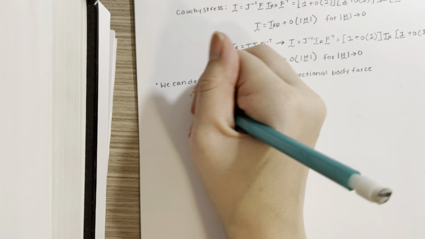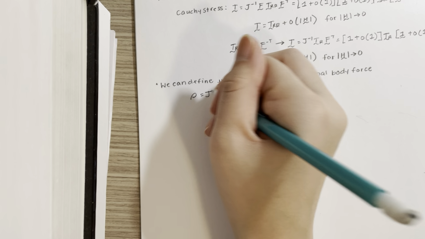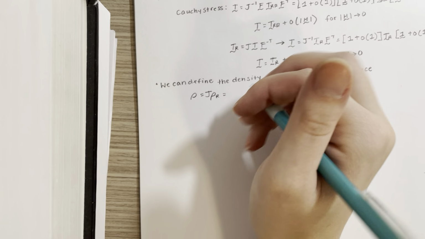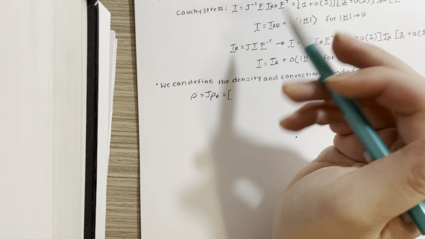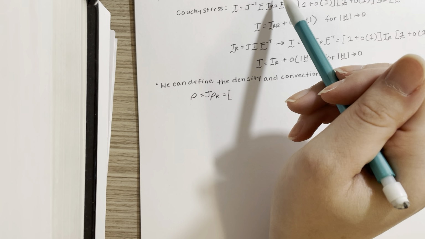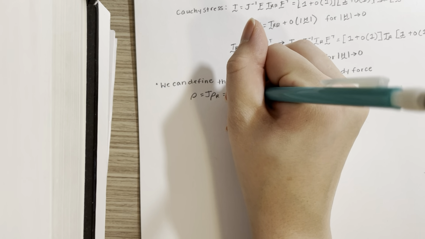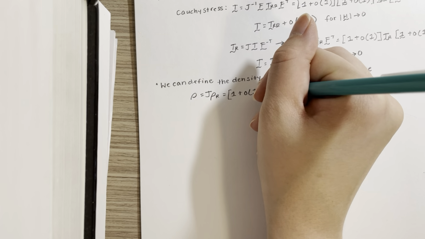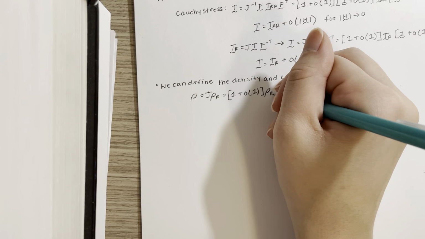So we have that the density is equal to the Jacobian times the density in the reference configuration, which is the same as what we found above. The Jacobian is 1 plus some higher order term times the density in the reference configuration.